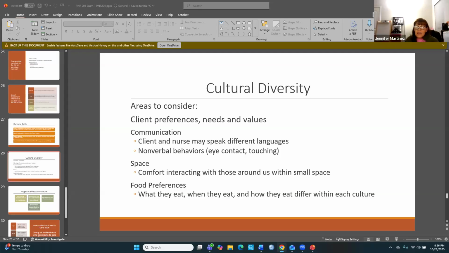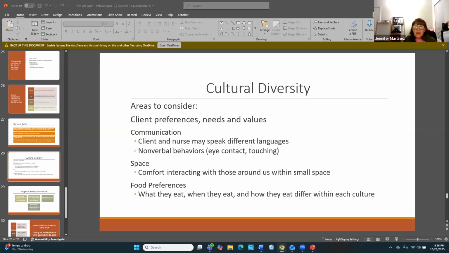And also, again, some of those nonverbal behaviors may be different than what we would expect, right? And so making sure that we have interpreters available, so that we can communicate with them appropriately and then be respectful of those nonverbal behaviors.